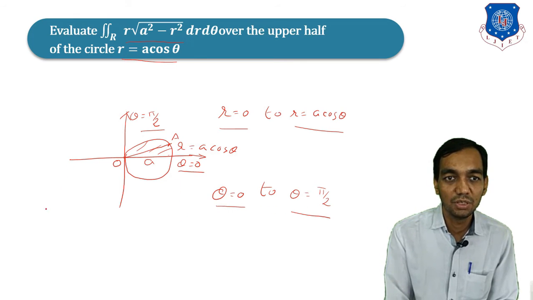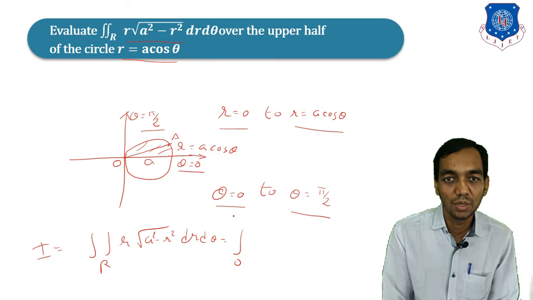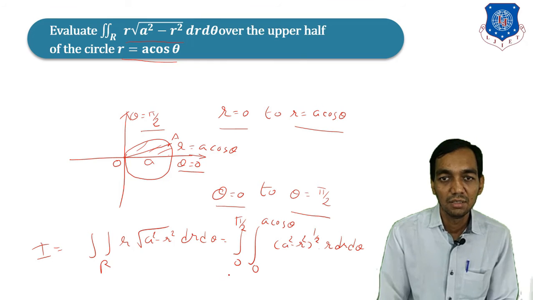So if you are going to substitute all things in your integration I, then your double integration r under root a square minus r square dr d theta will reduce to the form of integration 0 to pi by 2, integration from 0 to a cos theta, a square minus r square raised to 1 by 2 into r dr d theta.